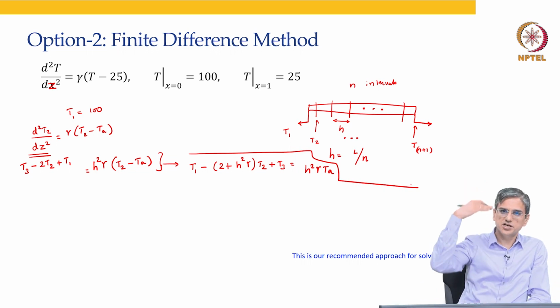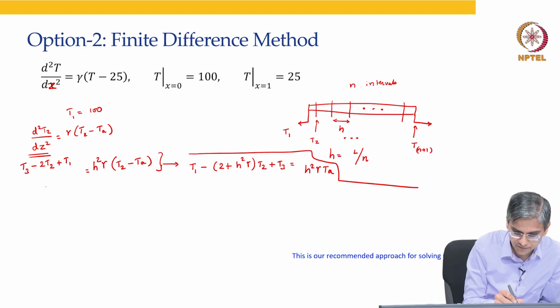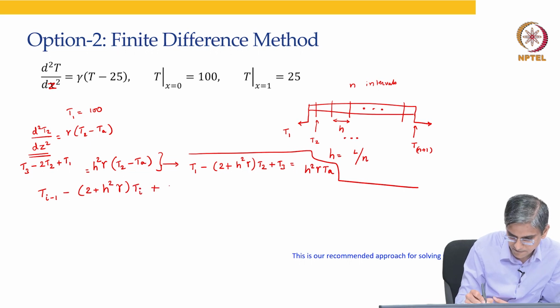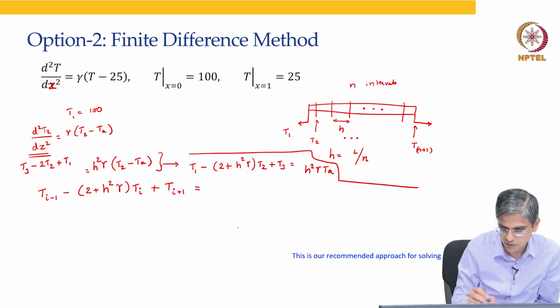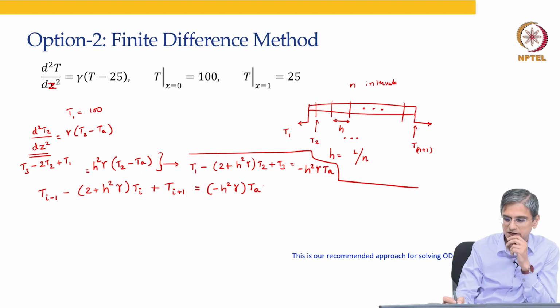We can write this for each and every one of the internal locations T2, T3, T4 up to Tn, and what we are going to get is T i minus 1, oh sorry, there was a negative sign, minus h square gamma Ta.